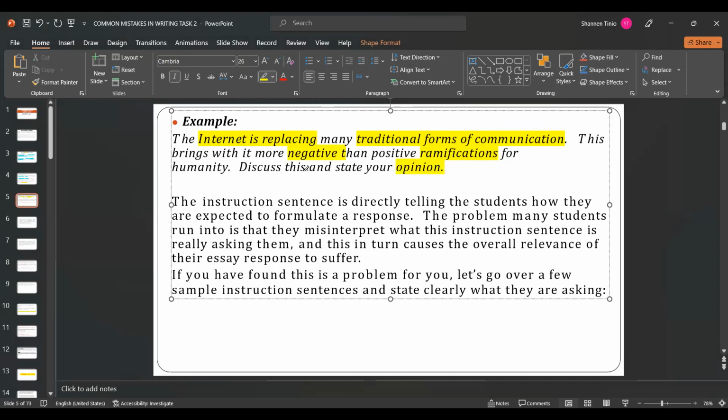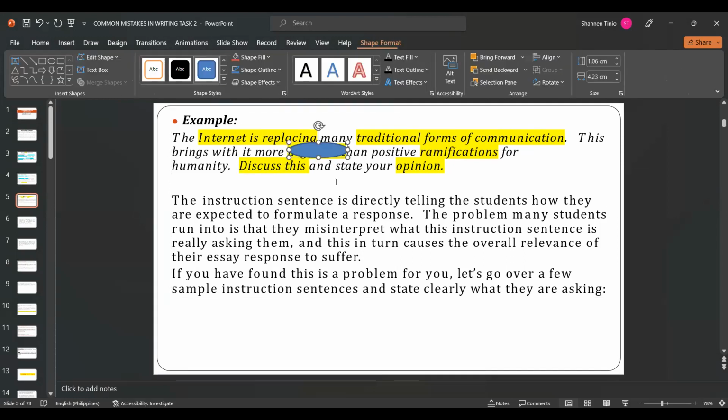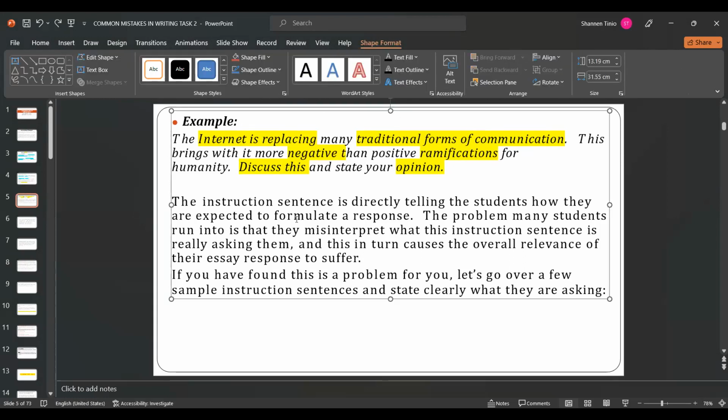And then after that, you have to discuss your opinion. Pero ang hinihingi niya, discuss this. Pag sinabi niyang discuss this, what is this that we're talking about? The negative. So para sa akin, ang pagkakaintindi ko dito, guys, ang gusto niyang mangyari here sa instruction is that you discuss the negative consequences.